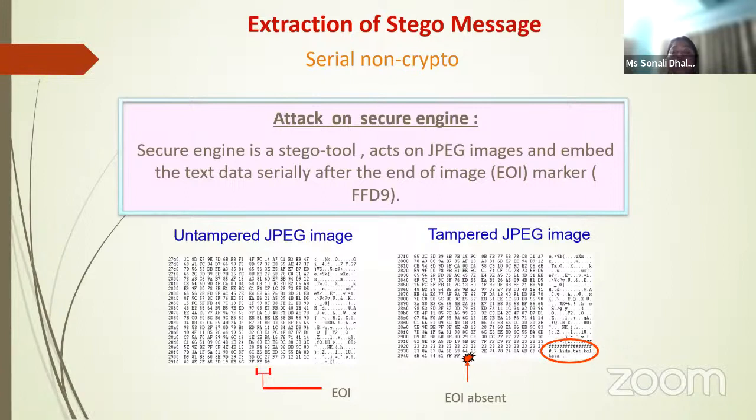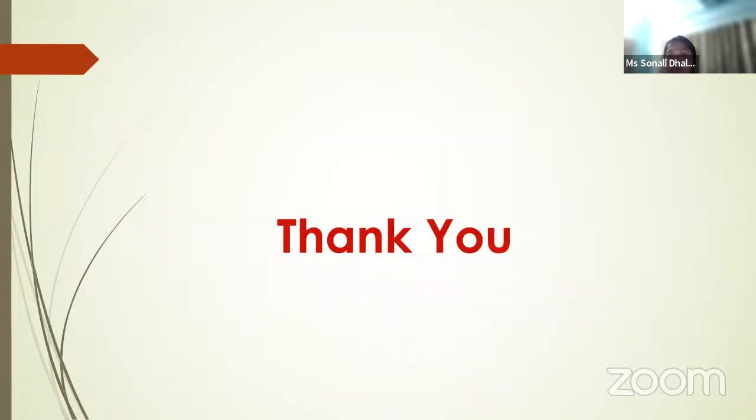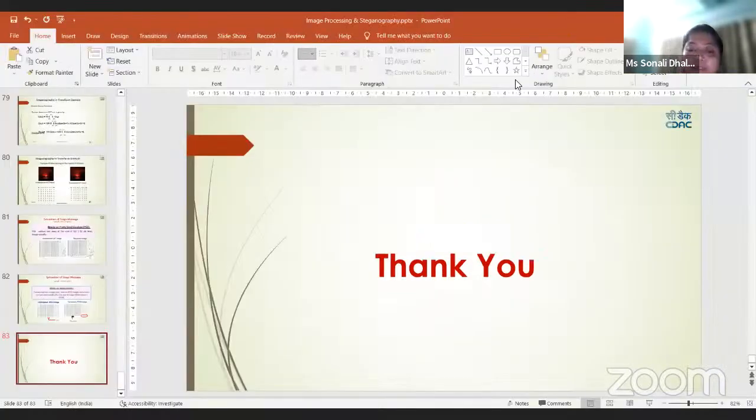Depending upon this signature, we detect the name of the tool, and afterward we extract the tampered bits and then the tampered message also. That is the end of my PowerPoint presentation. Now I can show you one example of steganography.